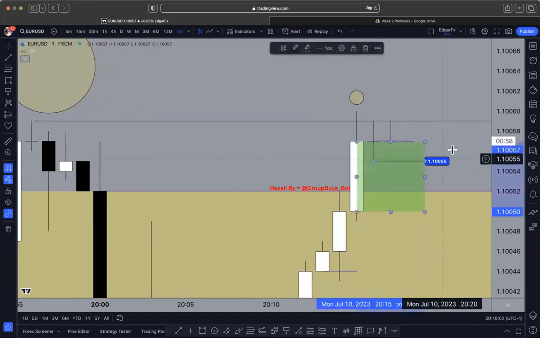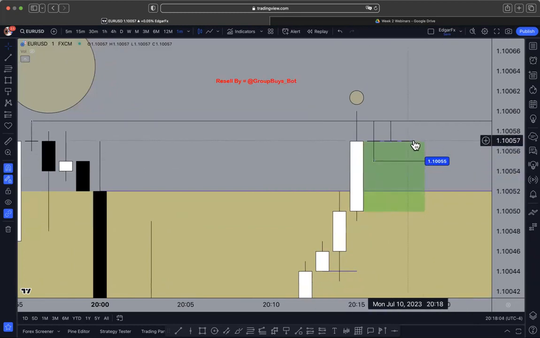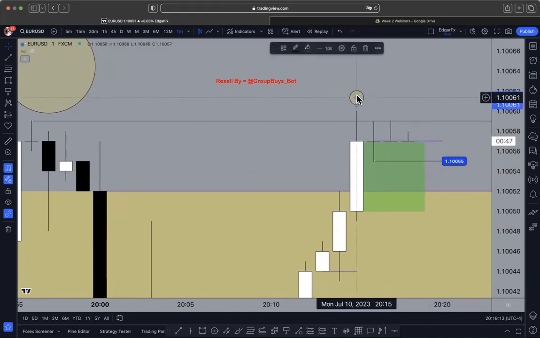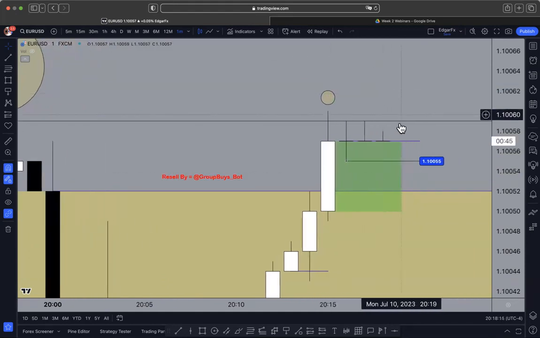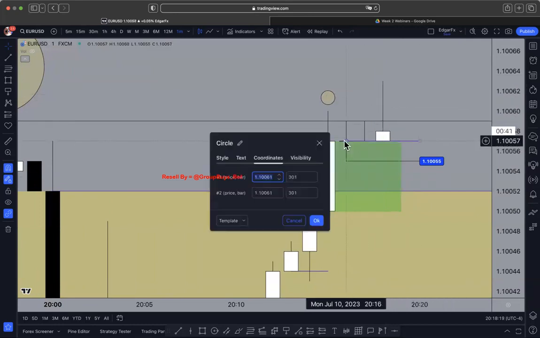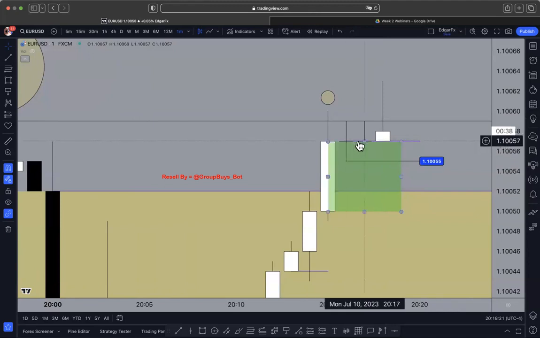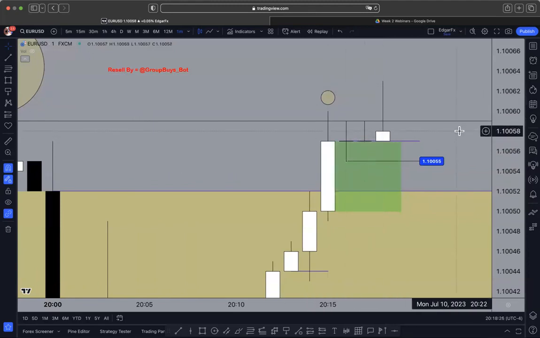Still using the same body, same open, still relevant. Same target, still relevant. There it goes, done. So you see this first candle moved in, this candle marked time, and then this one made the run and took it out.